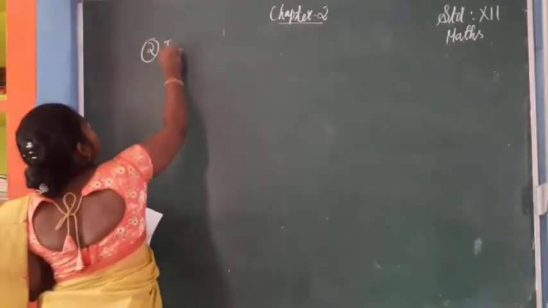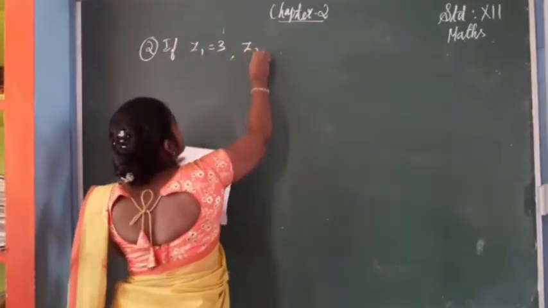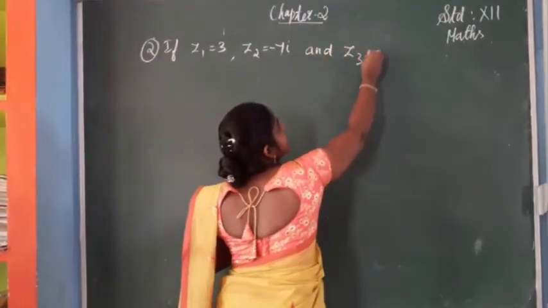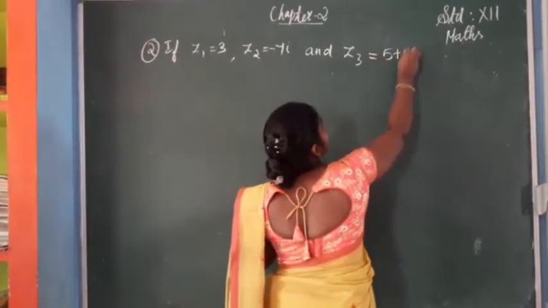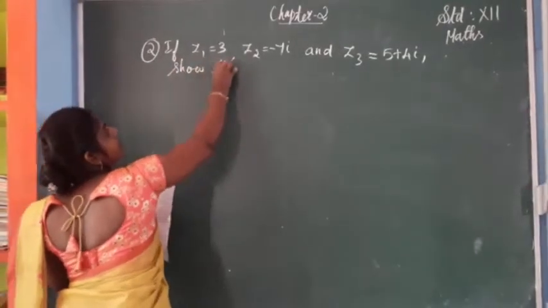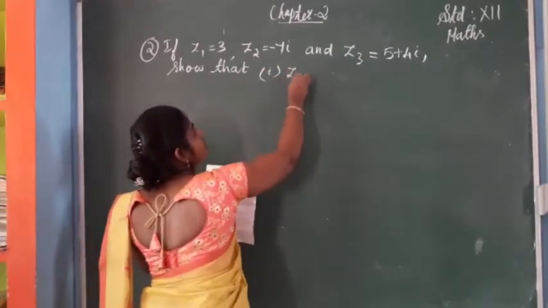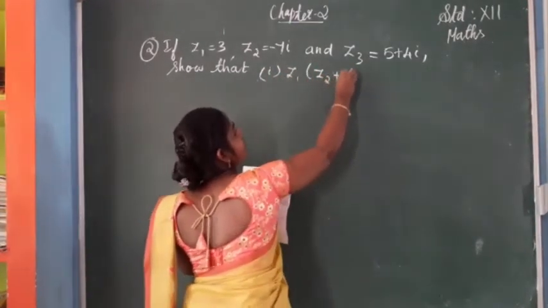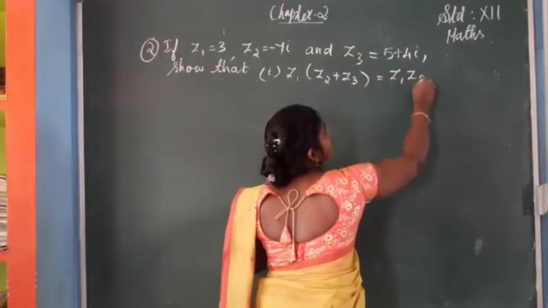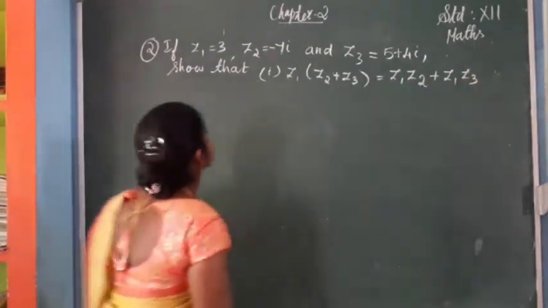Second question, if z1 is equal to 3, z2 is equal to minus 7i and z3 is equal to 5 plus 4i, we have to show that, first part, z1 into z2 plus z3 is equal to z1 into z2 plus z1 into z3.